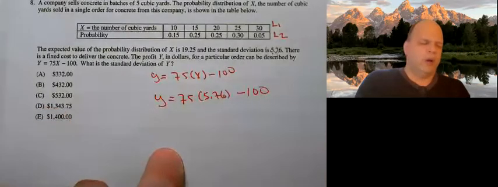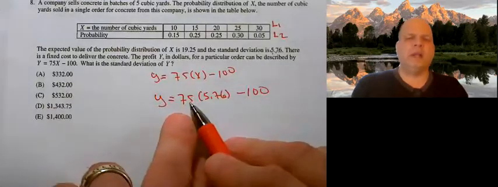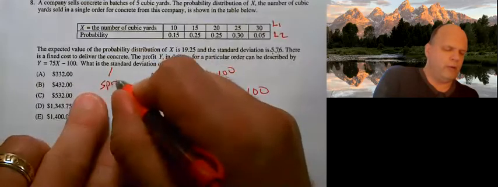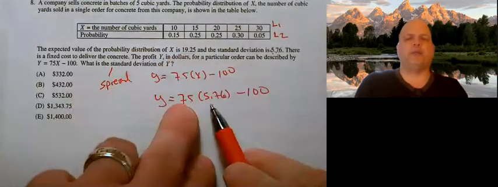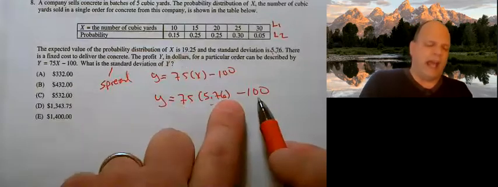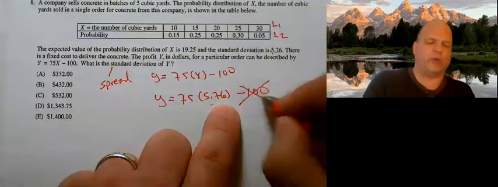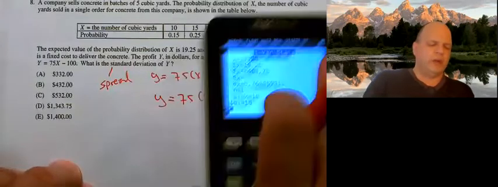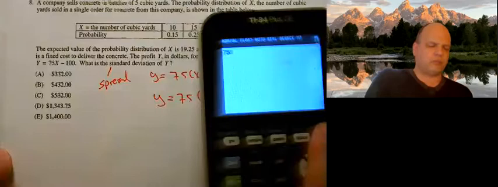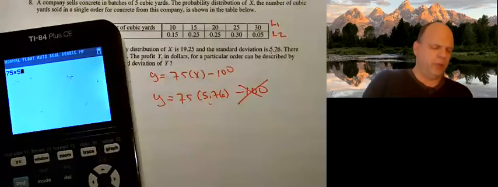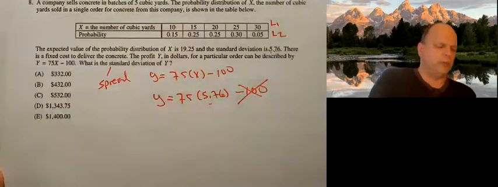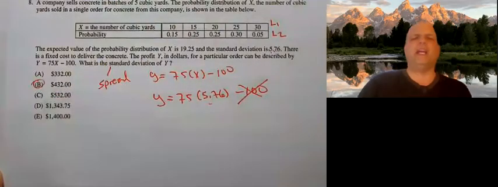Now, standard deviation is a measure of spread, and I can multiply measures of spread by a constant. So this is okay to do. But I cannot add or subtract a constant, so this goes away. So my standard deviation is just going to be 75 times 5.76. And that gives me 432. So this is my answer.